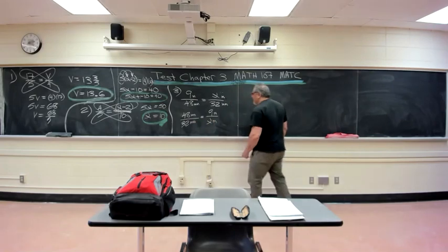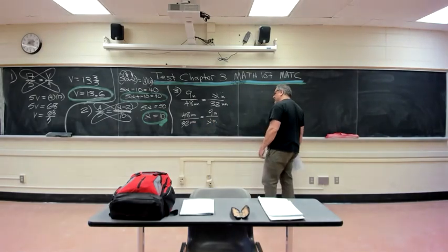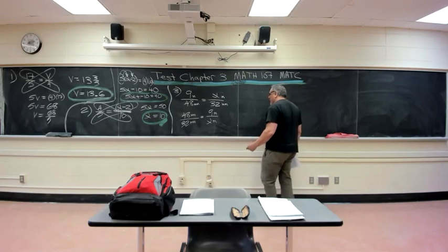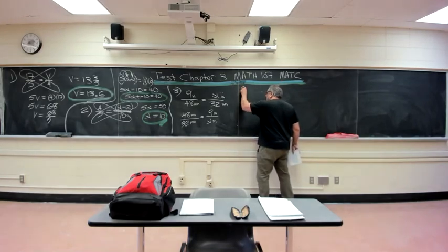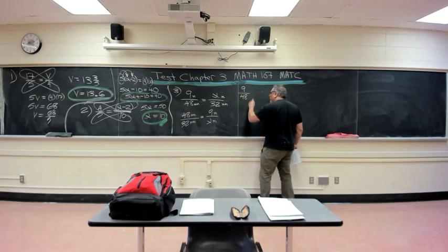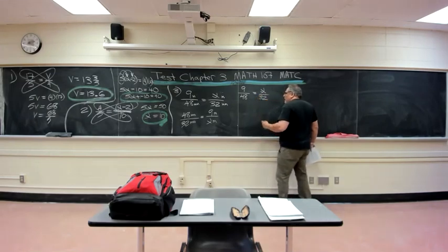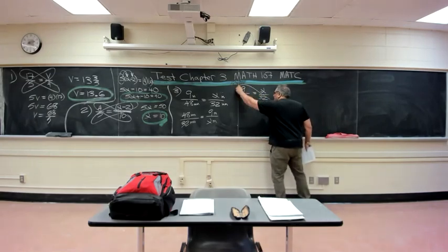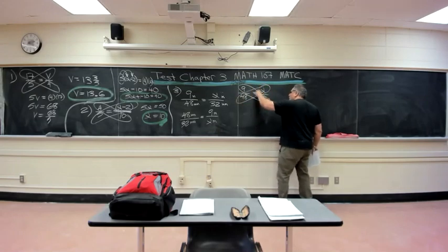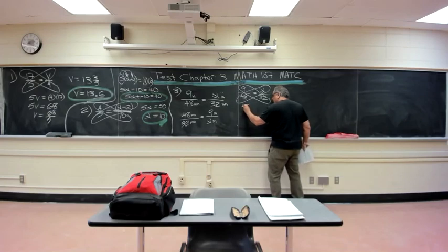You could do it like this just as well. Say, wow, it looks a lot different. You sure it's going to be the same answer? Absolutely. If you put the 9 and the 48 right here, 9 over 48, and the x over 32 right here, let's go for it. 48 times x.